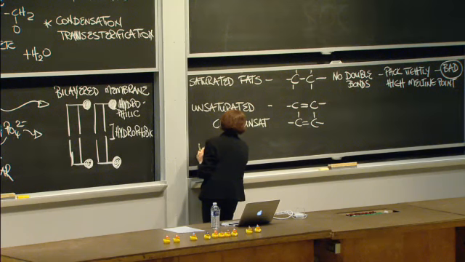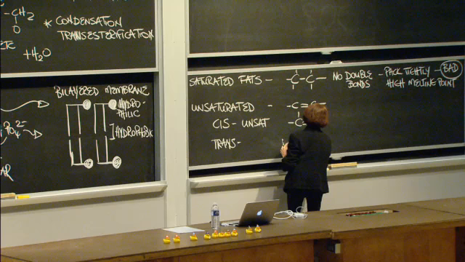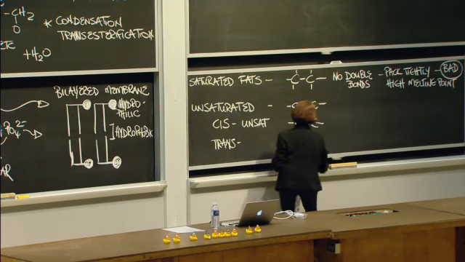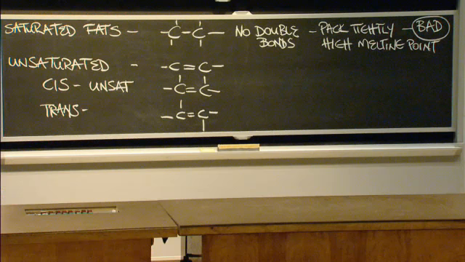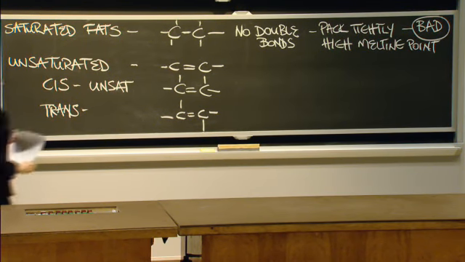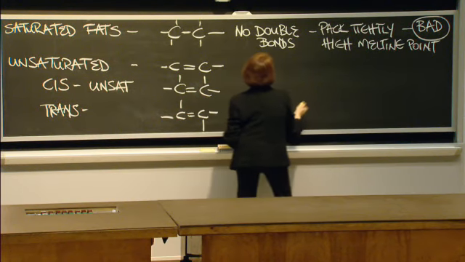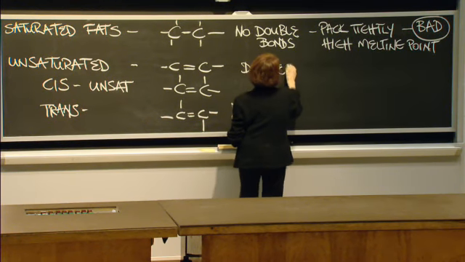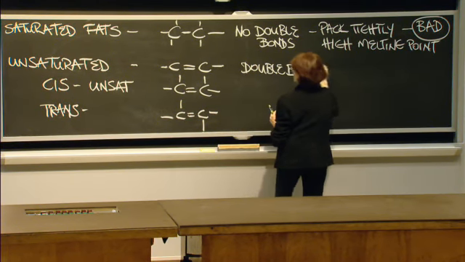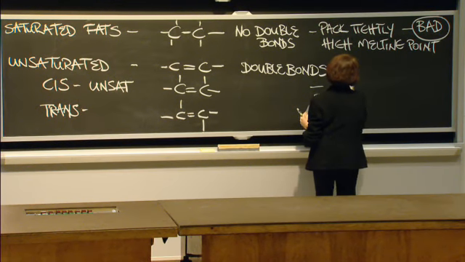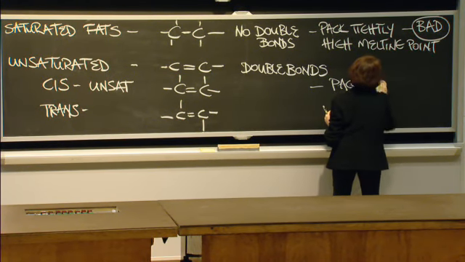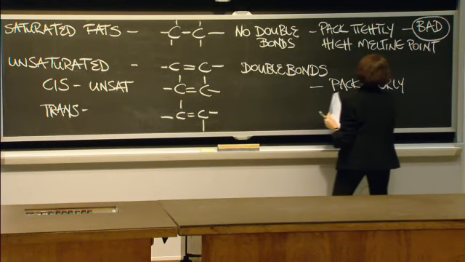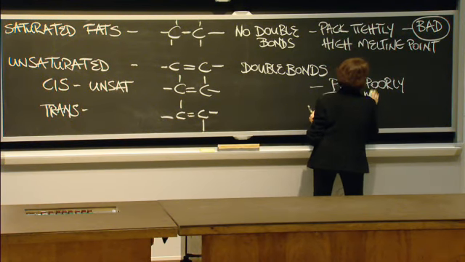On the other hand, there are trans unsaturated fats, where the additional valencies of carbon are on opposite sides of the molecule. Cis fats, I'll show you a slide in a moment. So these have got double bonds. The cis fats pack poorly because they're kinked, and they have a low melting point.